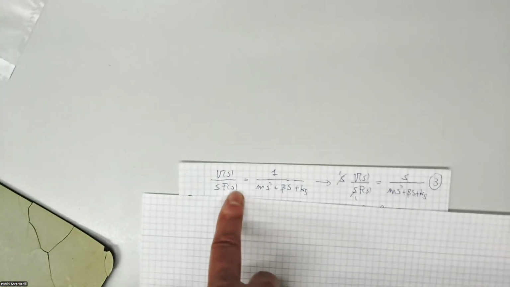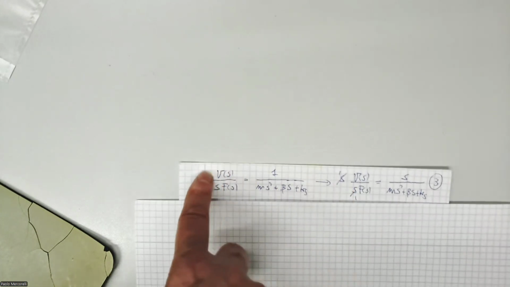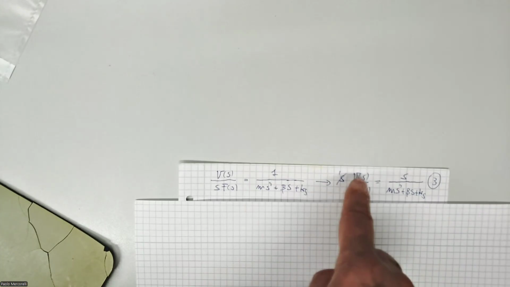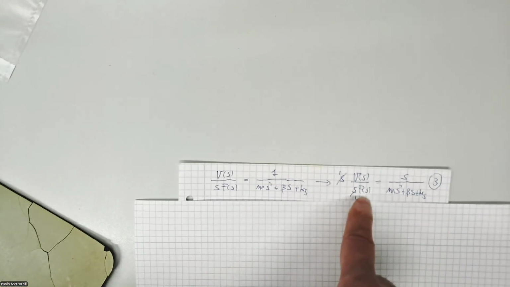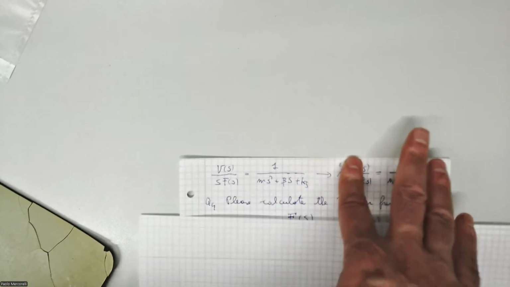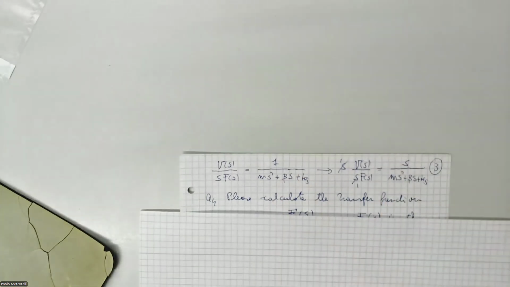I repeated everything again with the explanation. I multiply left and right by S. I cancel because I want to obtain V of S divided by F of S. And S appears here, no? The goal is G2 of S, V of S divided by F of S. We have an S here that reflects the derivative between position and velocity.